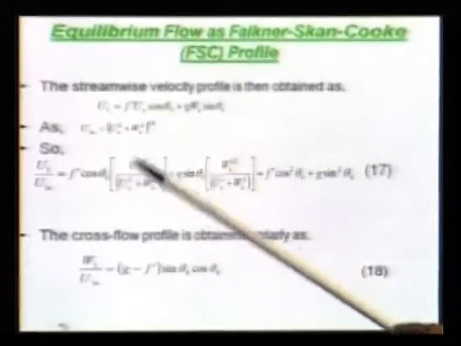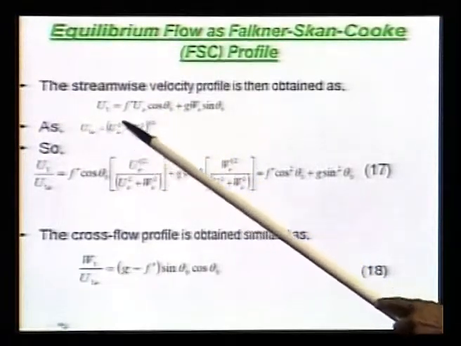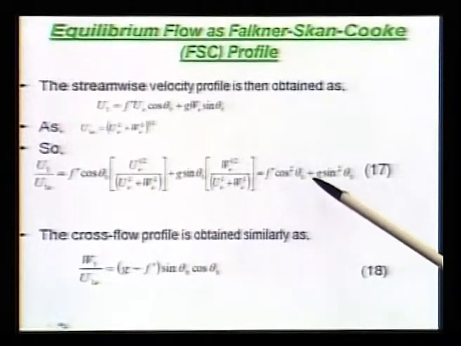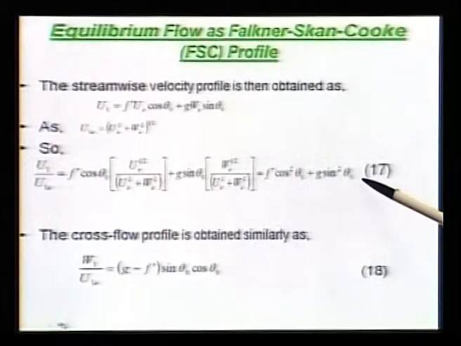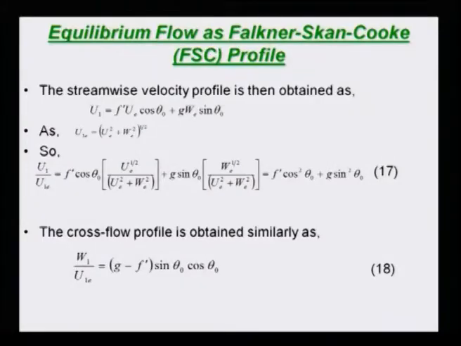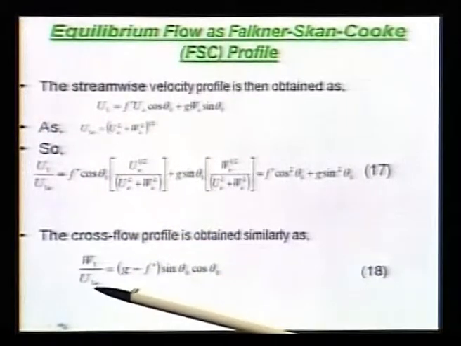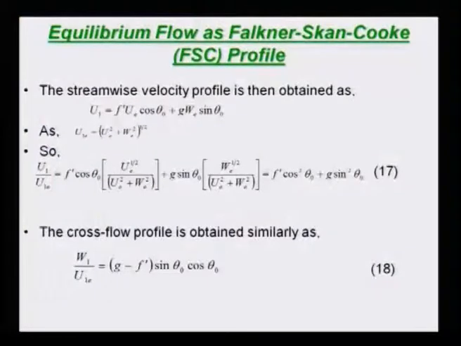So, let us substitute all of that here, f prime cos theta naught u1e, I have just written it like this, and this will give me this component, f prime cos square theta naught plus g sin square theta naught. Okay. In the same way, you have the other expression for the w1 component. If I non-dimensionalize with respect to u1e, then I get this. Okay.